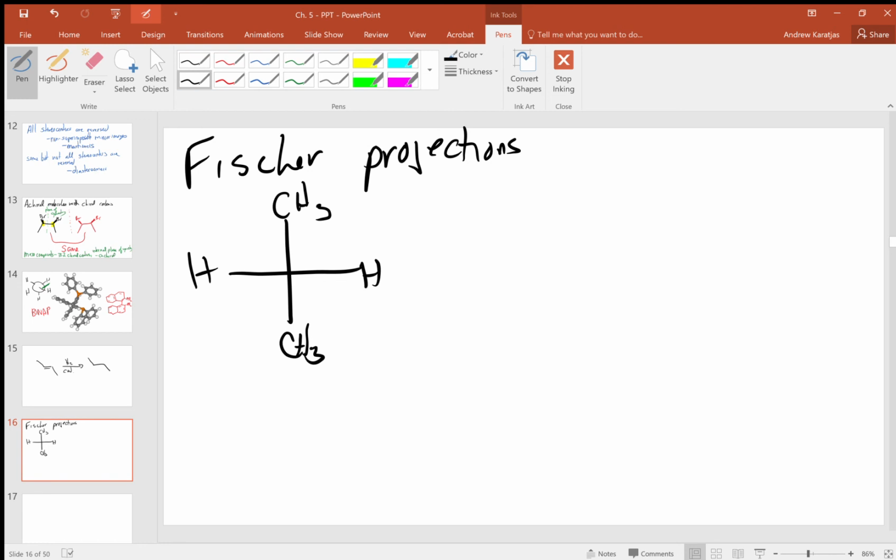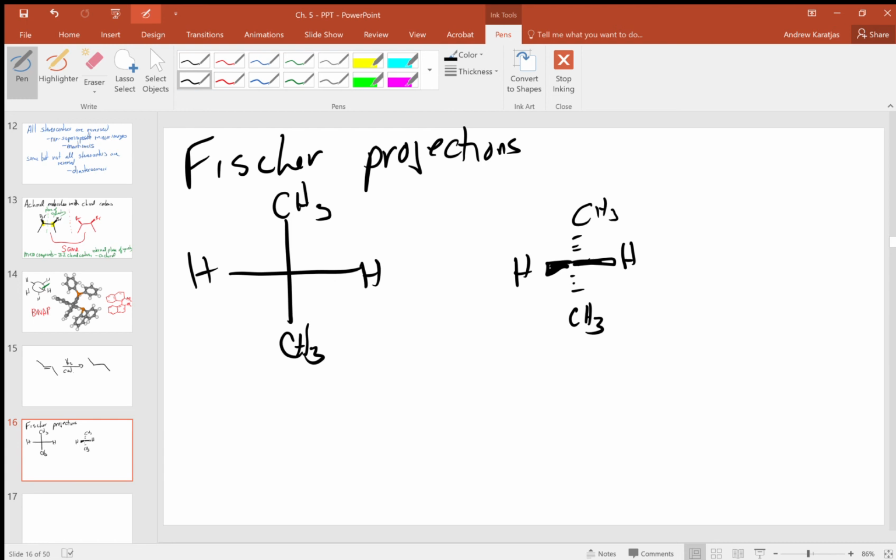I think they're not a great way to draw molecules, but we still see them a lot in biochemistry. And so you'll learn more about using Fischer projections in biochemistry.